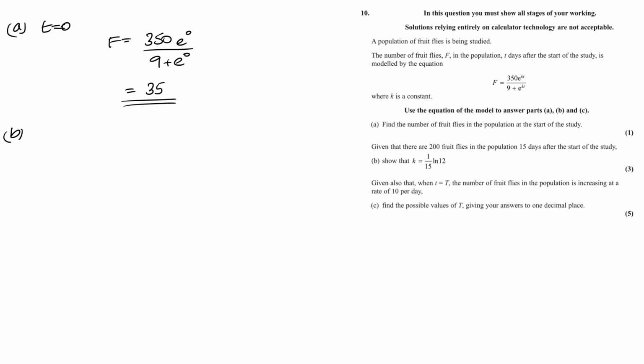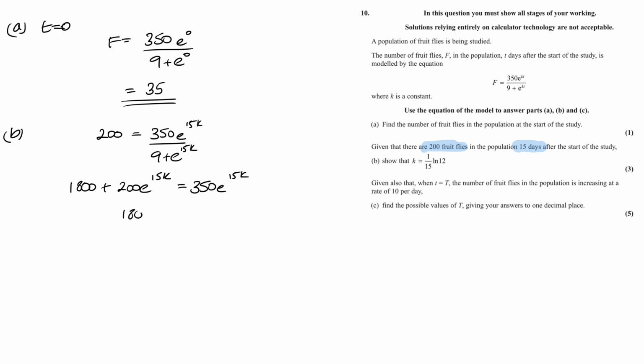Now, given that there are 200 after 15 days, show what k is. So 200 flies after 15 days, so 350 e to the 15k over 9 plus e to the 15k. Let's multiply up. So 200 times 9 gives us 1800 plus 200e to the 15k equals 350e to the 15k.